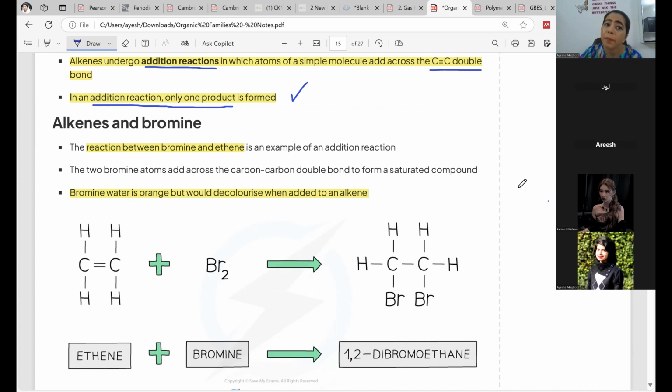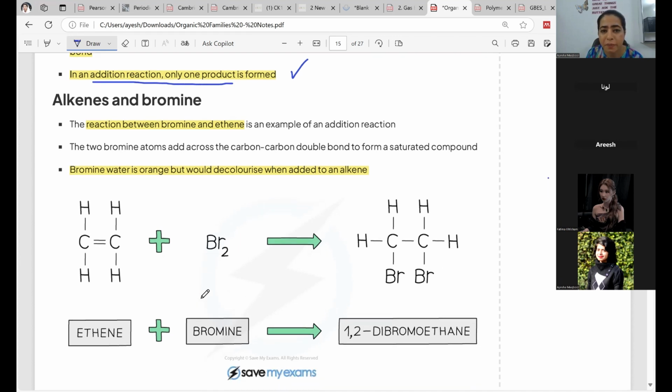In case of addition, only a single product will be there, so that is going to be pure as well. For this specific reaction we have a color change, which is very important to remember: orange color will go to colorless at the end of the reaction. So this is one example of addition reaction.